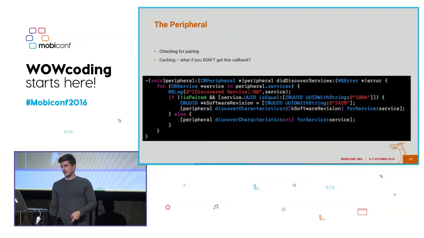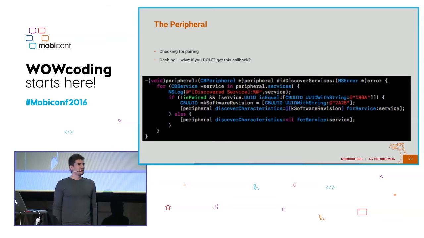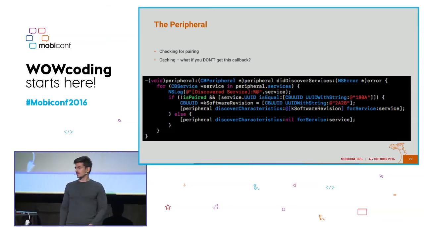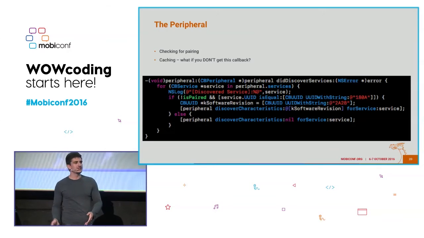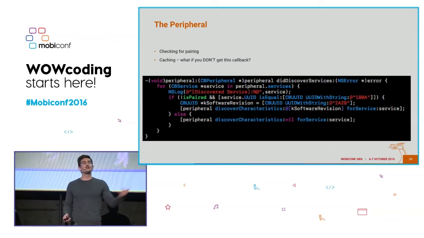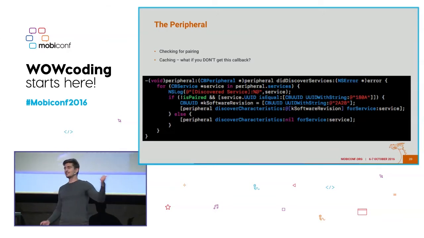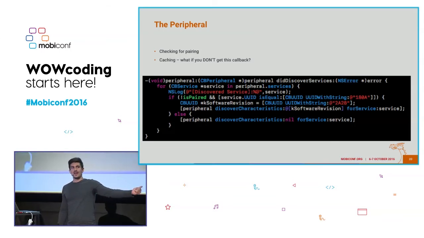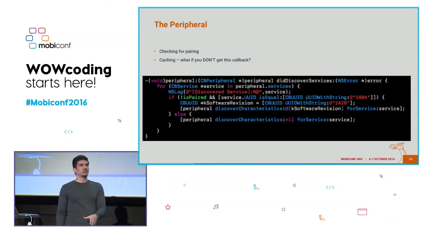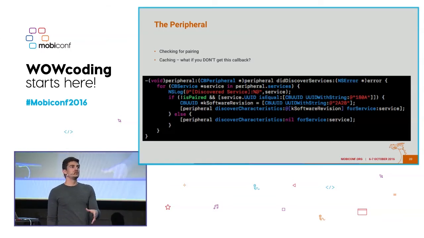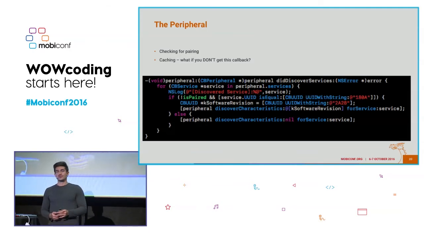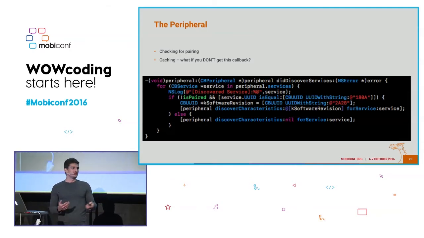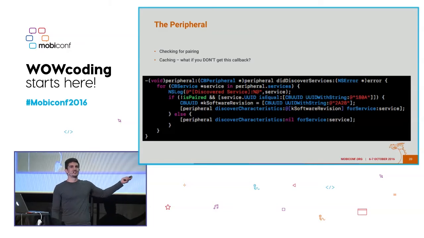Seems pretty straightforward, right? What happens if it's cached, though? You're thinking, okay, every time I discover services, I'll check for the pairing keys, and I'll do this, and I'll do that. What if you don't get that? And this is what happens, let's say, if you can fully connect to a device once, and then your user forgets the key on the phone, for instance. Now, you would connect, you would be able to do everything, but you're not going to get didDiscoverServices.